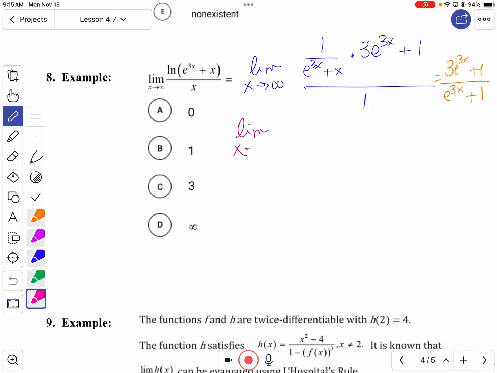So limit as x approaches infinity. Derivative of 3e to the 3x. Yeah, it's going to be 3 times 3e to the 3x, okay? And then what's going to be your derivative of e to the 3x?